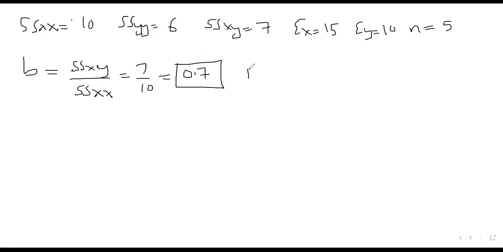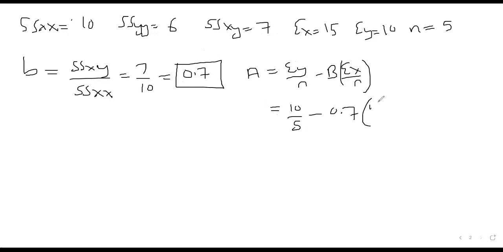Our a is summation of y over n minus b summation of x over n. So here we have what? Summation of y is 10 over 5. Minus 0.7, 15 over what? 5.